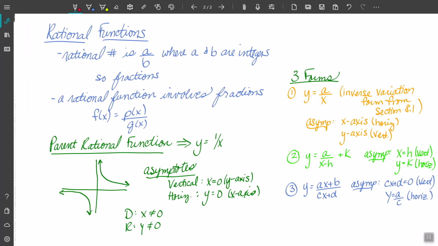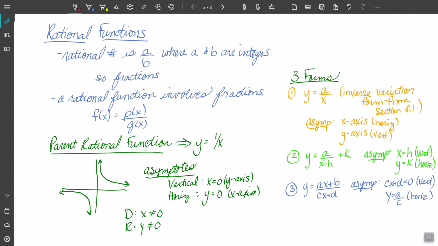The asymptotes, there's going to be two on these rational functions. So there's going to be a vertical asymptote and a horizontal asymptote. The vertical asymptote on the parent function is the y-axis, so x equals 0. So that's what we're talking about here. That's the vertical asymptote. And then the horizontal asymptote is the x-axis, y equals 0, right here.